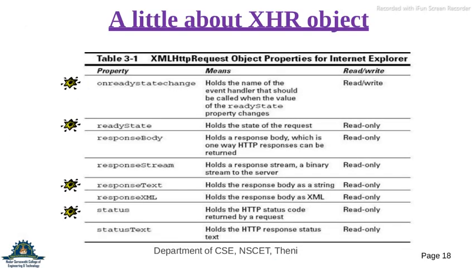Okay, coming to the next slide. Here you can note down some related things that we have already learned. You will be recalling these statements, isn't it? onreadystatechange, readyState, responseBody, responseStream, responseText, responseXML, statusText.